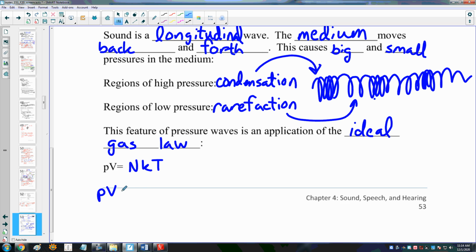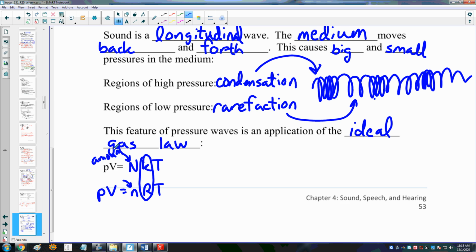But we've seen before that PV is equal to nRT. These are both constants, so effectively for us, these are the same equation. This gives us the number of molecules or atoms, and this gives us the number of moles, but it's still a measure of the amount of the gas.